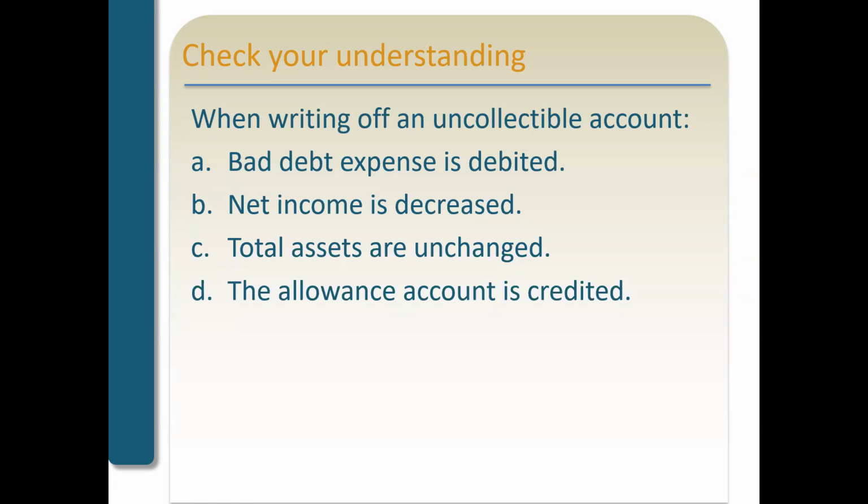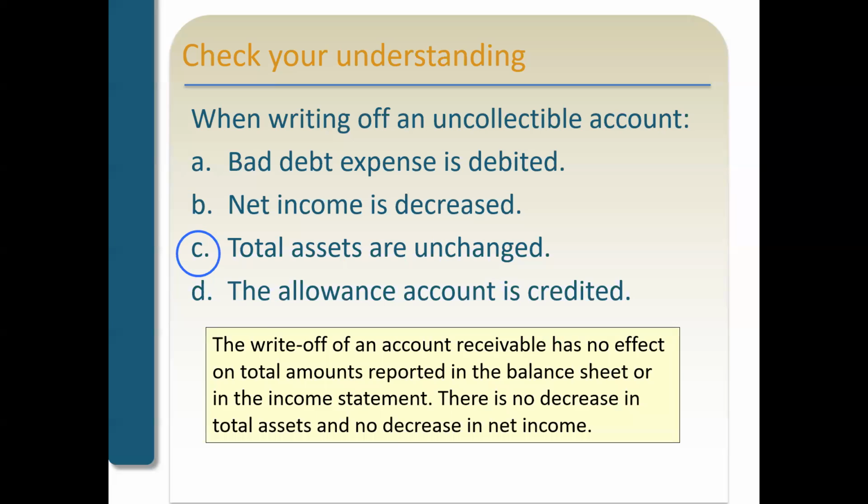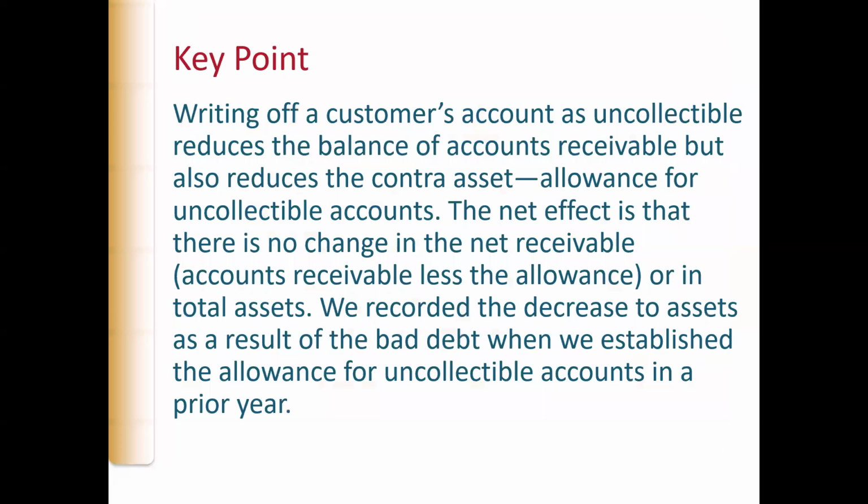Awesome, guys. You're correct. The assets are unchanged because remember, we're just debiting the allowance and crediting the accounts receivable. It's not going to affect assets. Remember, writing off a customer's account as uncollectible reduces the balance of accounts receivable, but also reduces the contra asset, allowance for uncollectible accounts.